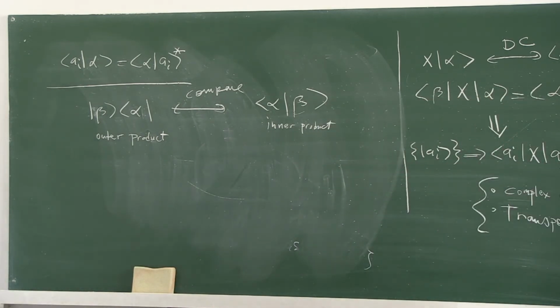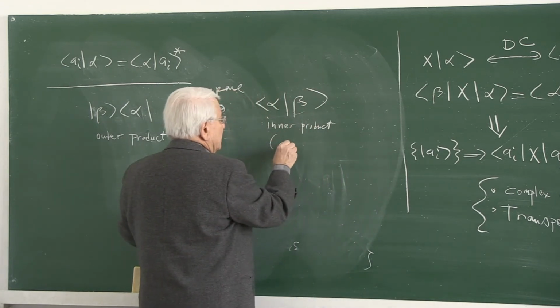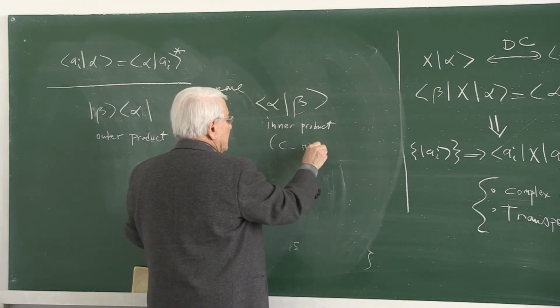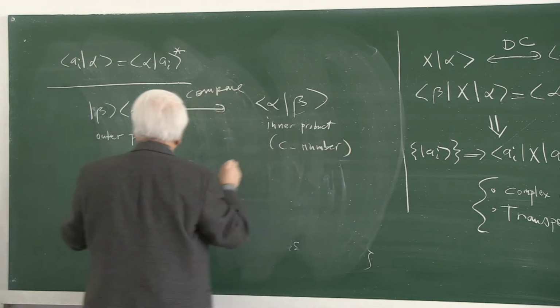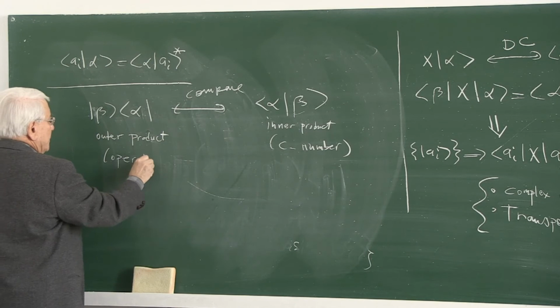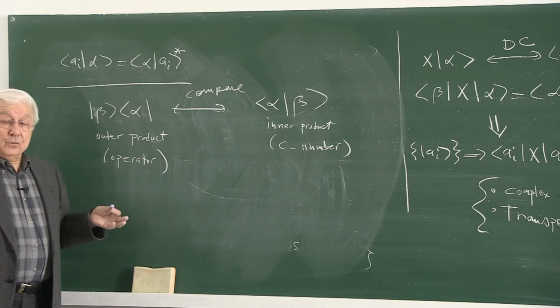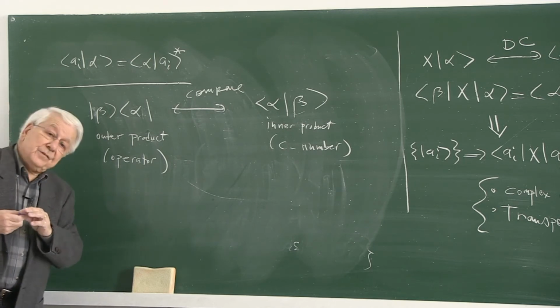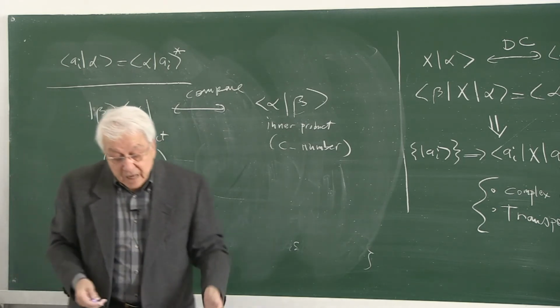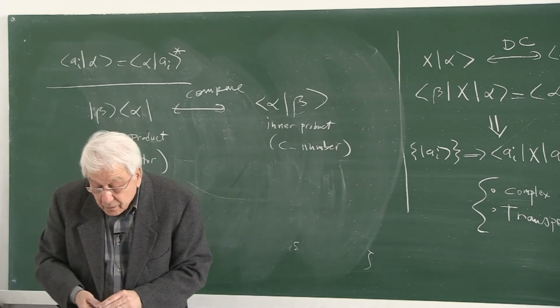So if it is an operator, this is a complex number, a C number, and this is an operator. It's good always to remember. So how do I represent this outer product of two kets in the given basis a_i, for instance? We do it in the following manner.